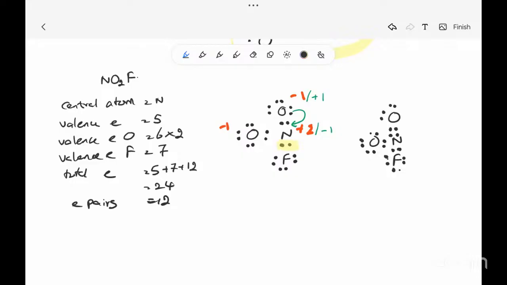So this will induce +1 charge. This will induce -1 charge. If I draw the Lewis dot dash structure: nitrogen, double bond O, single bond fluorine, O, here it is +1, here it is -1. So we have to place the lone pairs like this.